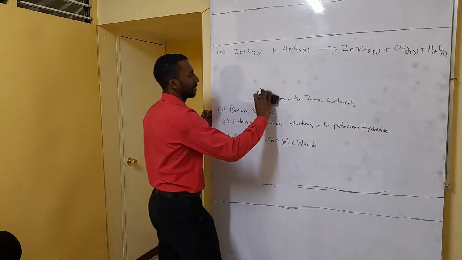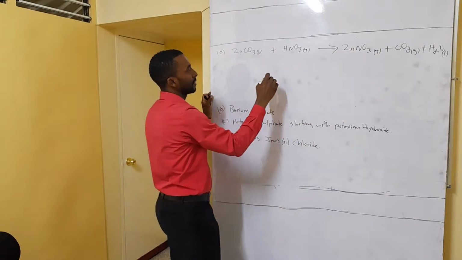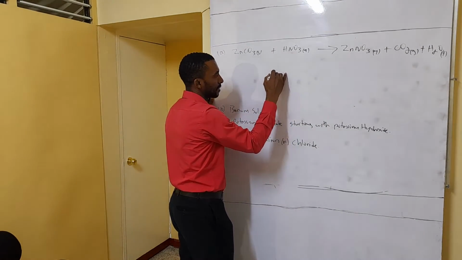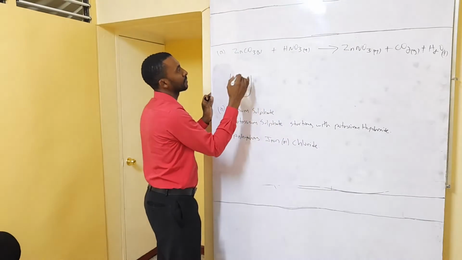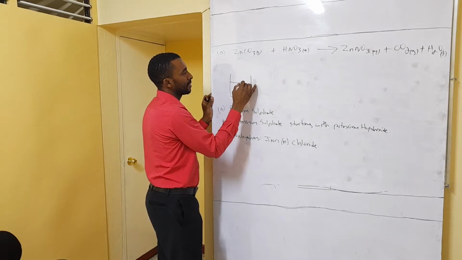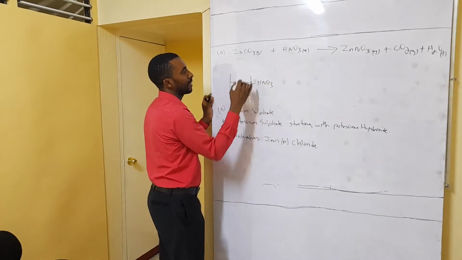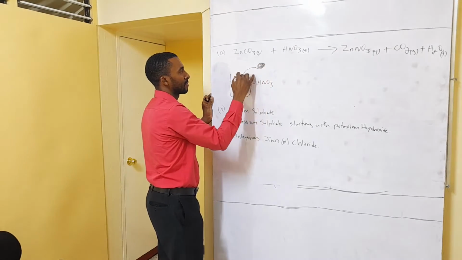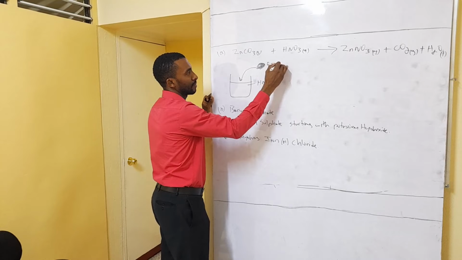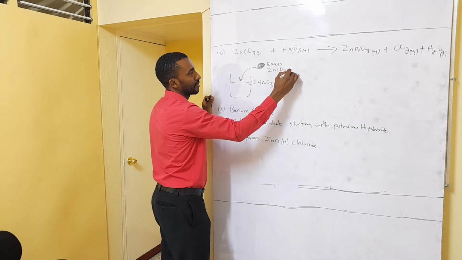I can erase this, we have this already. Alright? So how we are going to do this is that we first have a container with nitric acid, and then we are going to add excess zinc carbonate, solid.